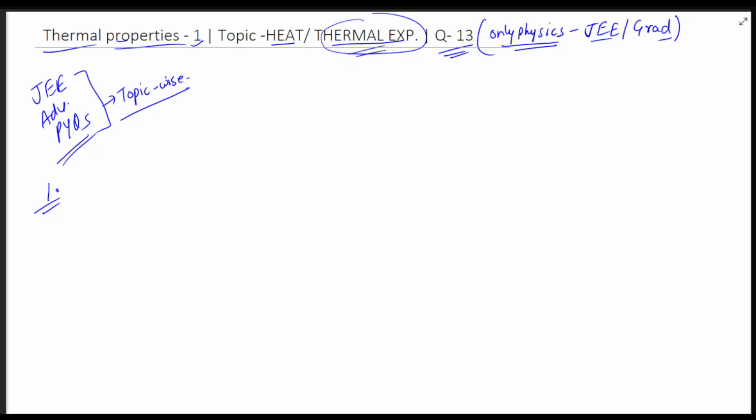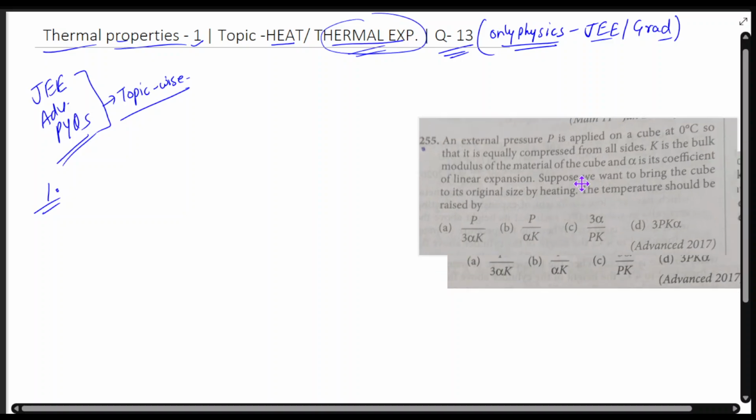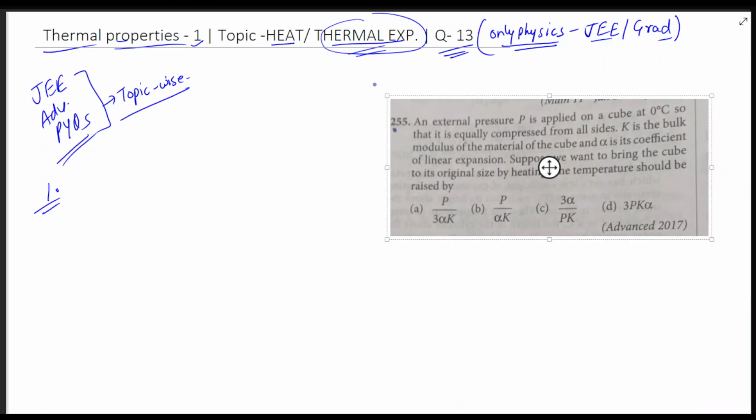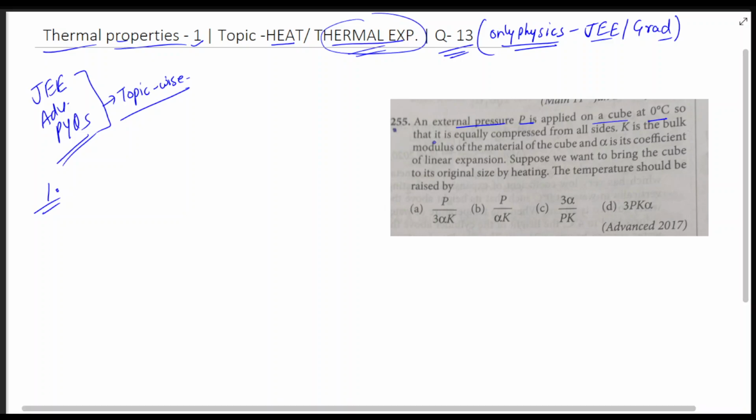This will be our first question. In this question, an external pressure P is applied on the cube at 0 degrees Celsius so that it is equally compressed from all sides. K is the bulk modulus of the material of the cube and alpha is its coefficient of linear expansion.